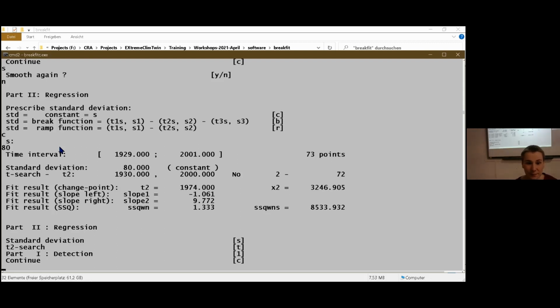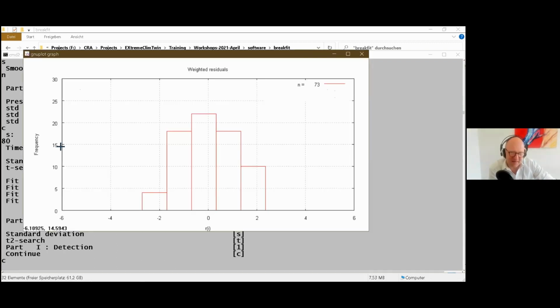Yeah, good. So I press Z. And now we see, well, as with the ramp, we study the residuals. In this case, these are the weighted residuals, the Rs. And here is a histogram, the number of residuals that lie between the minimum and that value and so on.